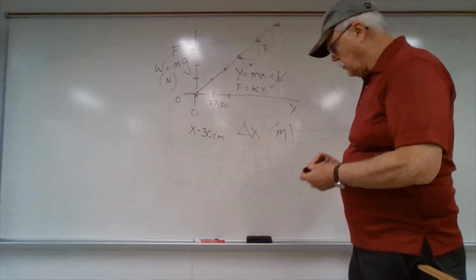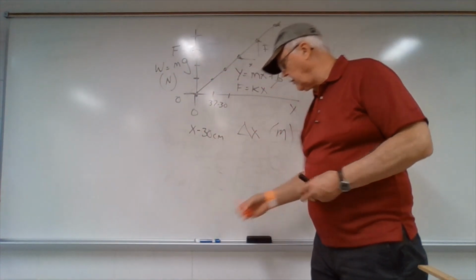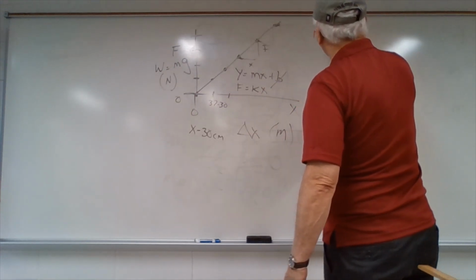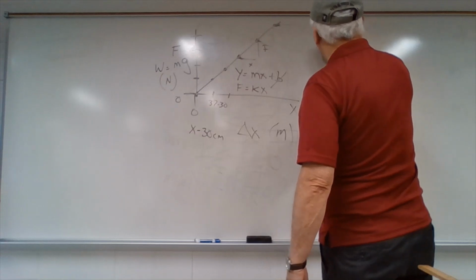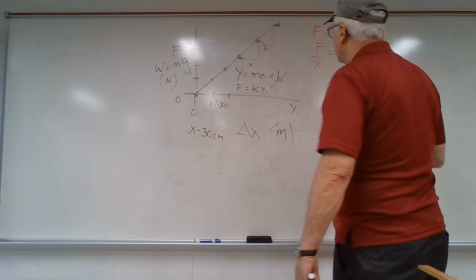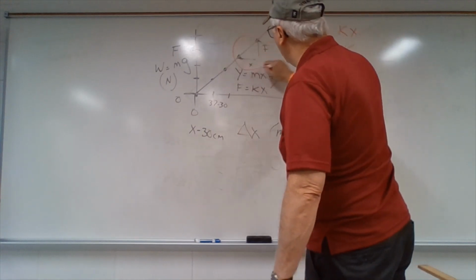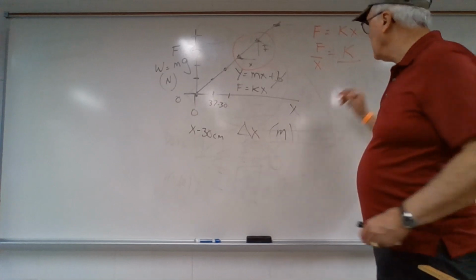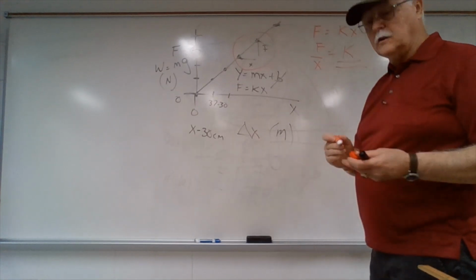Hooke's law: F equals kx, F over x equals k. Therefore, the slope of that line is the spring constant. That's how you do this.